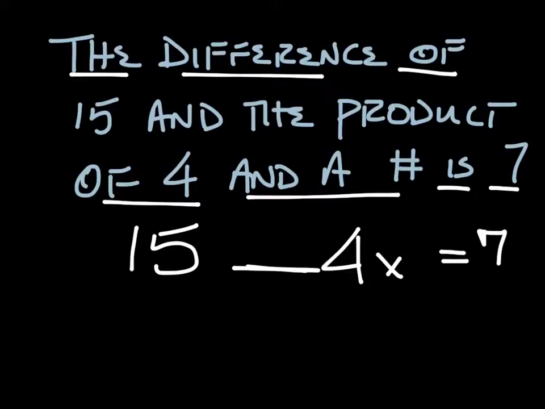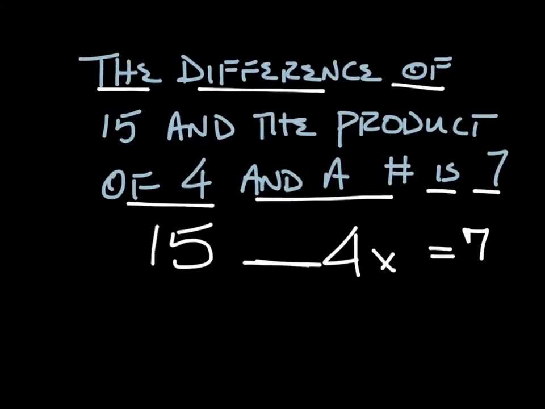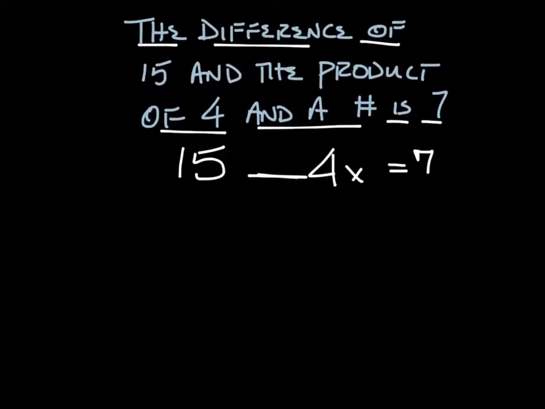Alright, so the difference of 15 and the product of 4 and a number is 7. So we have 15 minus 4x equals 7. What should I do first to solve this? Maybe if I write it a little better. There we go. What should I do first to solve this?